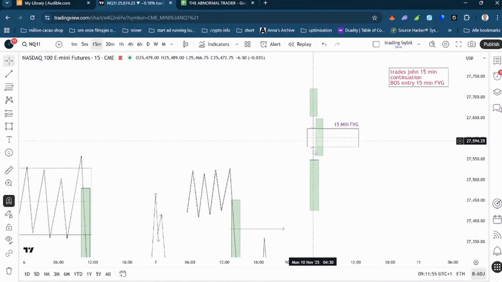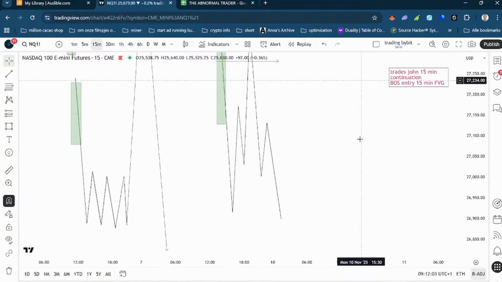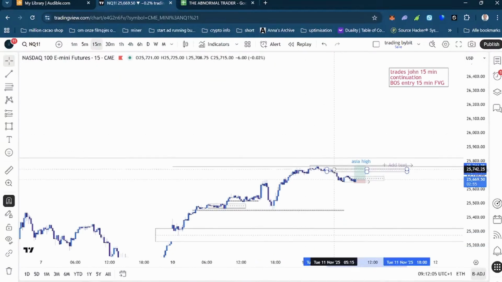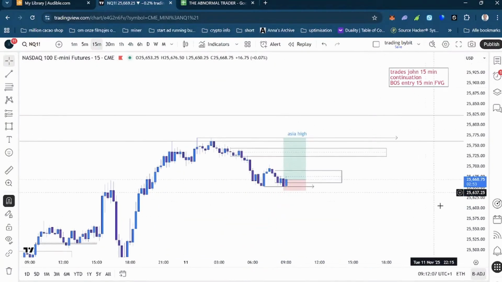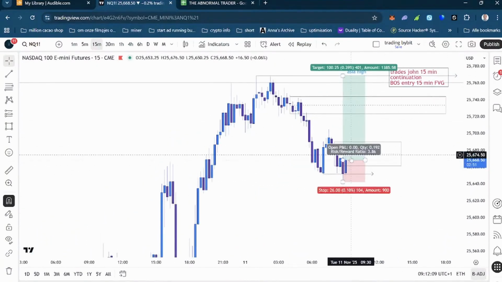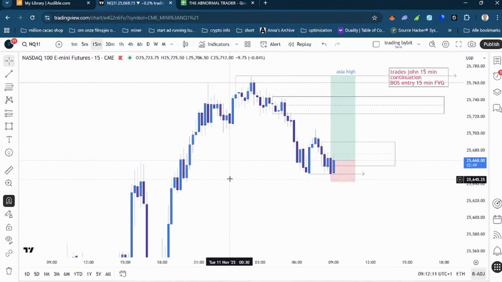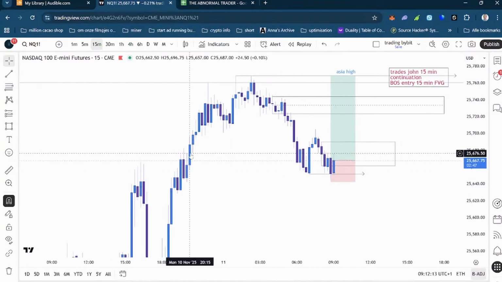Those two wicks with an imbalance or value gap inside cannot touch each other. If they touch each other, we don't have a value gap. This is where we traded off today too. We traded off of a value gap, actually this one, right here.